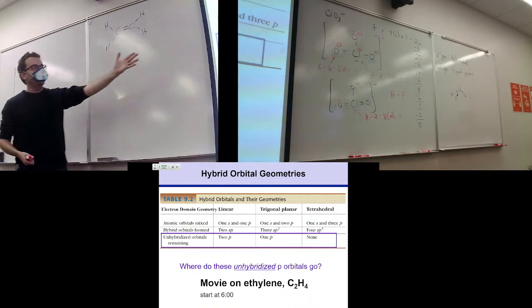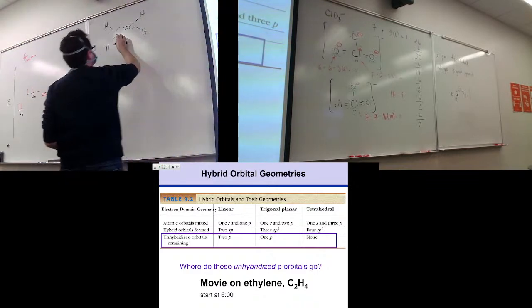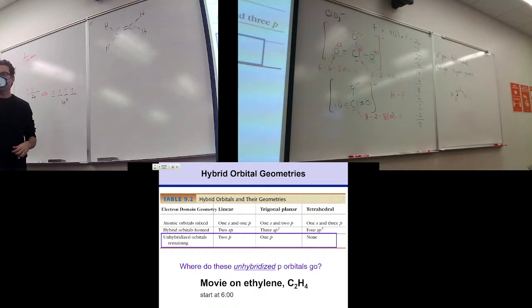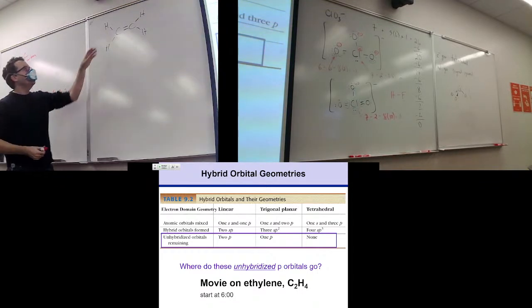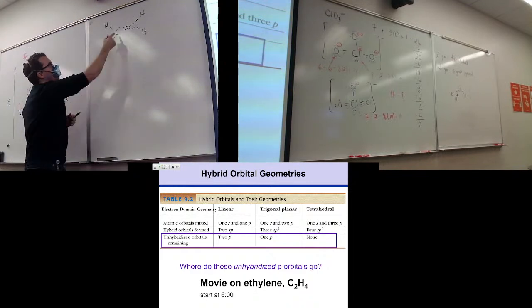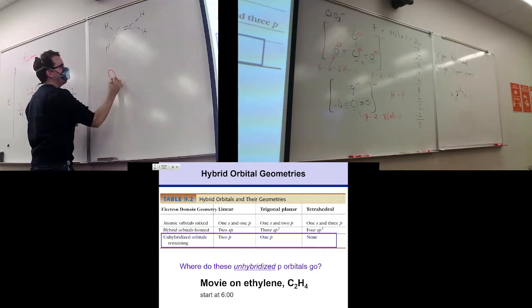So trigonal planar creates sp2 hybrid orbitals. So in order to create this 120 degree angle bonds, you need to have sp2 hybridization. So on this carbon, you've got a hybrid orbital pointing in that direction. You've got a hybrid orbital pointing in that direction. And you've got a hybrid orbital pointing to the left.